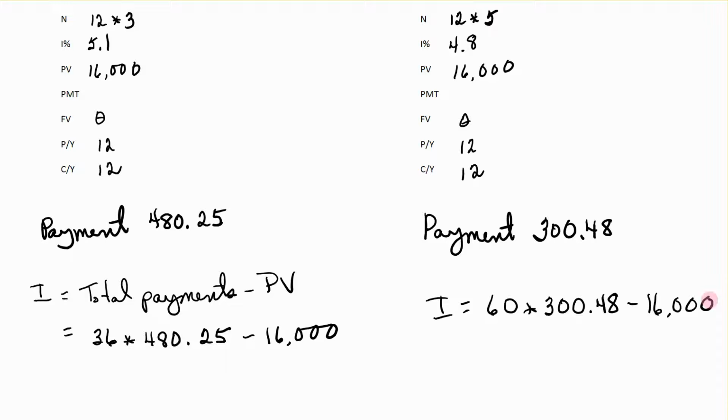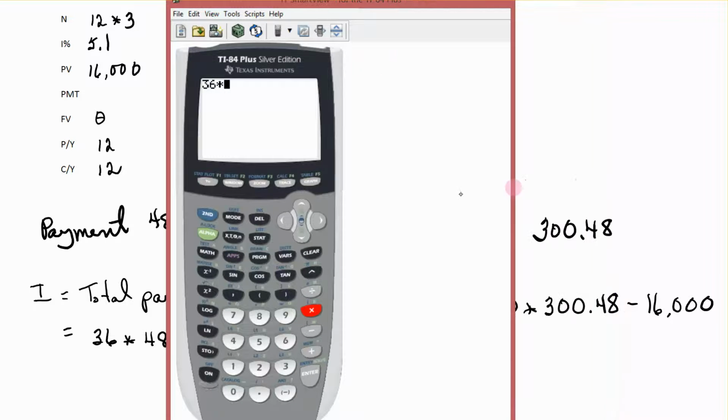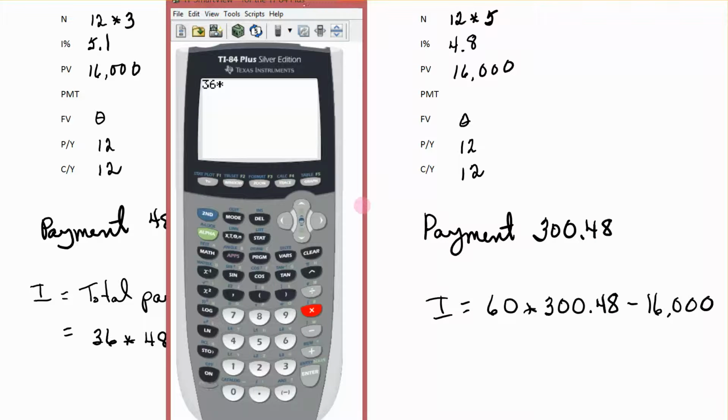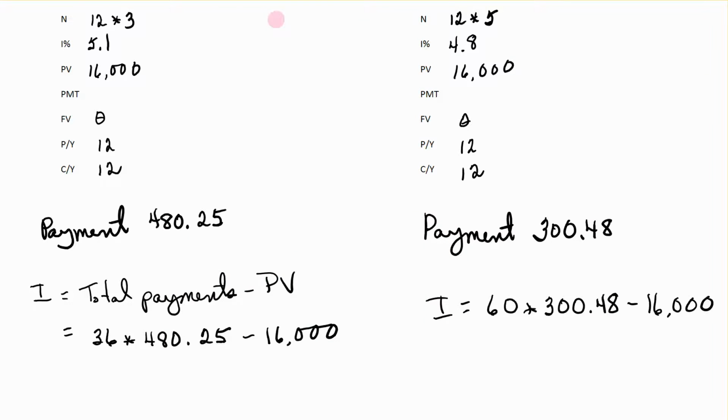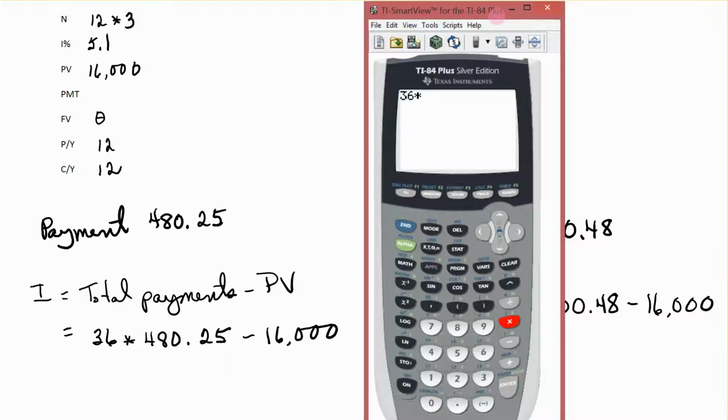All right, so let's calculate. I have 36 times 480.25 minus 16,000. That gets me interest of $1,288.90.